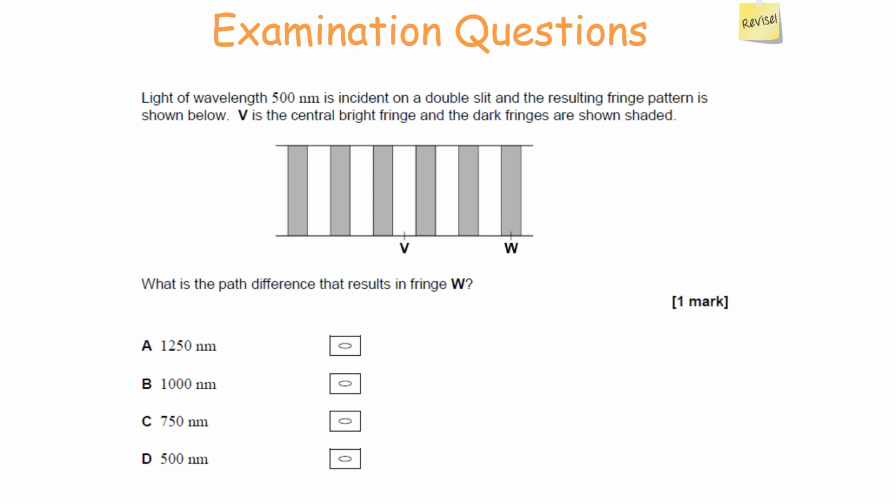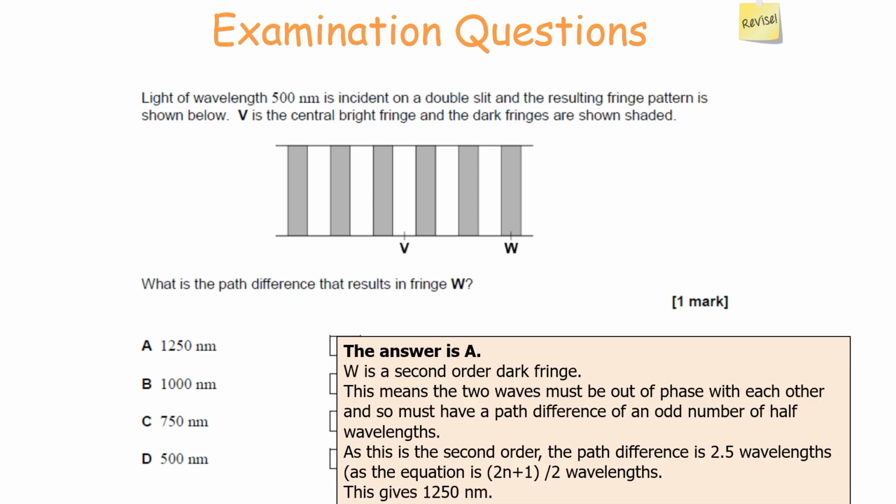Right, so it's important to note that W is a second order dark fringe. So this means that the two waves must be out of phase with each other and so must have a path difference of an odd number of half wavelengths. Now because this is a second order fringe, as we'll notice because it's not one of the central ones but a second order one, the path difference is therefore going to be 2.5 wavelengths, because our equation to work out the path difference which causes destructive interference is (2n + 1)/2 wavelengths.